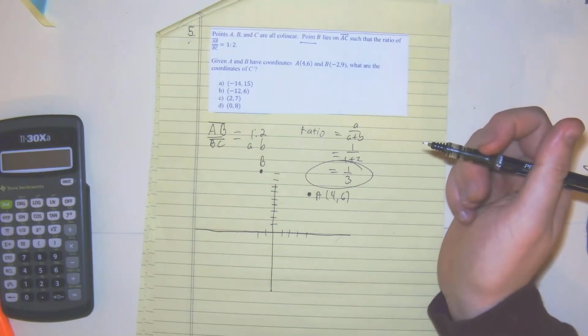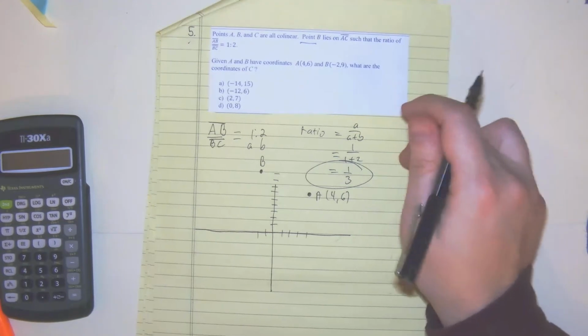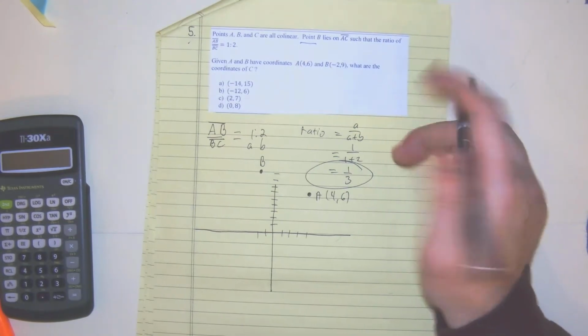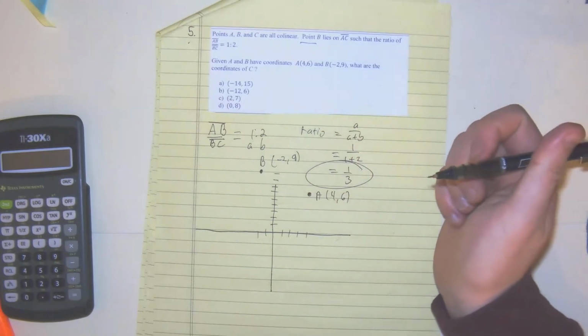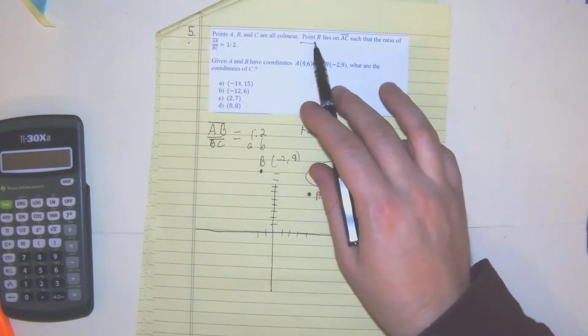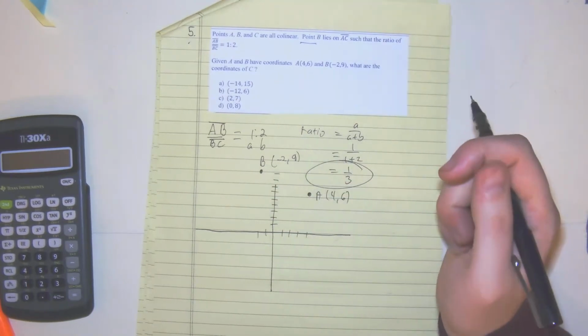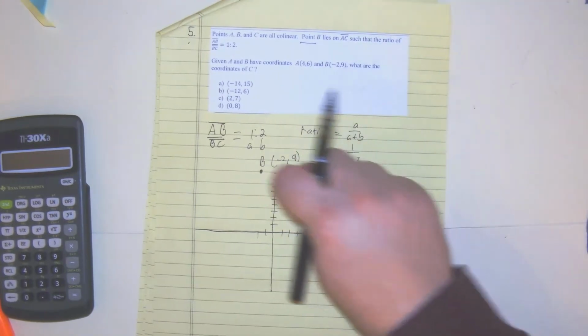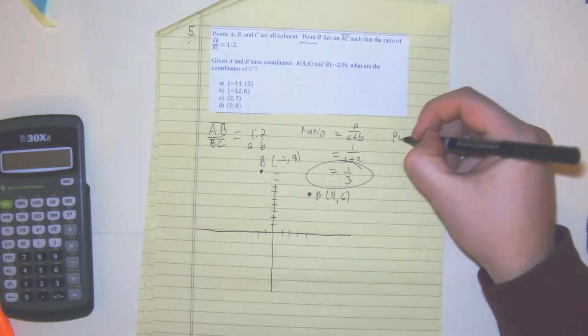So point B is right there, (-2, 9). Well, it's saying point B lies on AC. So B is the middle. So we're looking for point C.